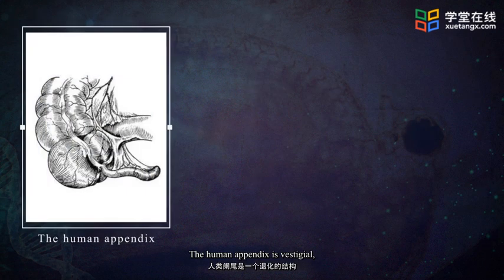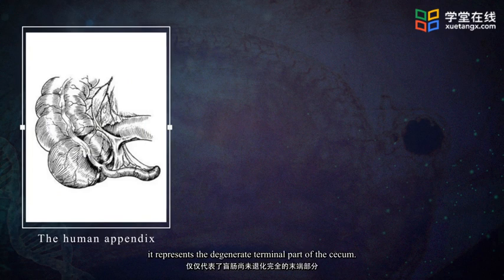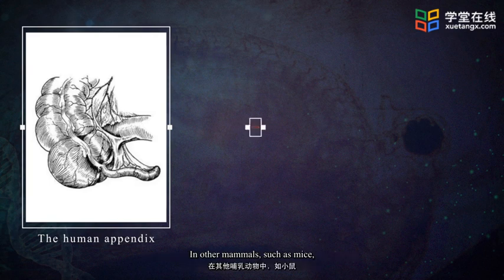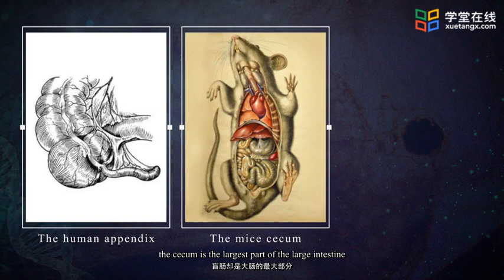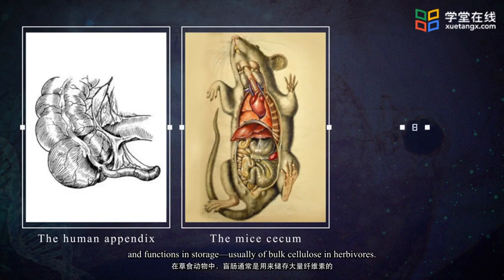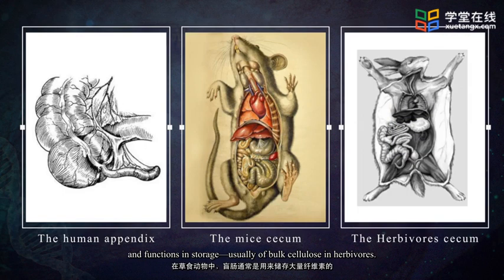The human appendix is vestigial, i.e. it has no current function. It represents the degenerate terminal part of the cecum. In other mammals, such as mice, the cecum is the largest part of the large intestine and functions in storage, literally of bulk cellulose in herbivores.